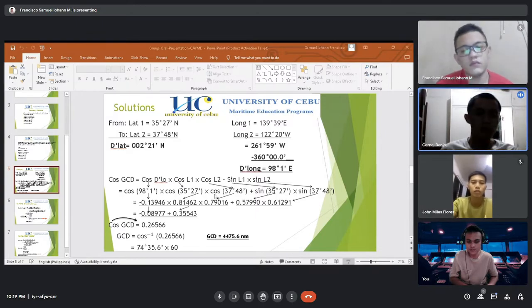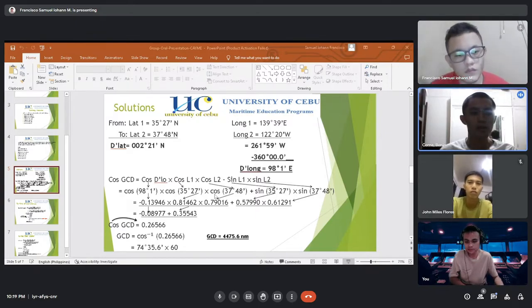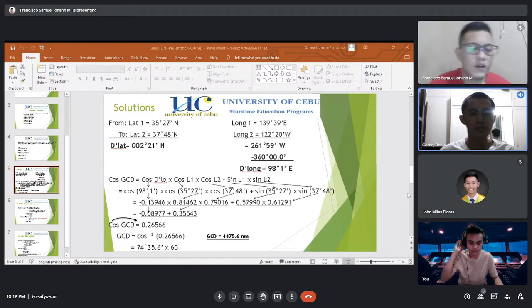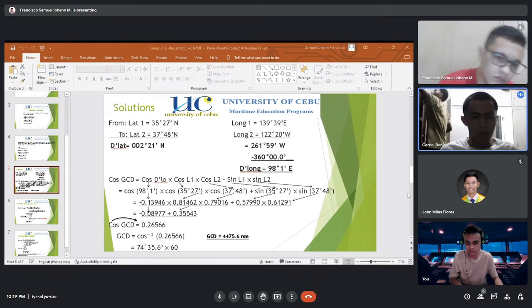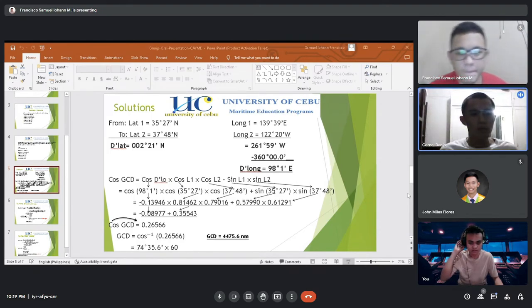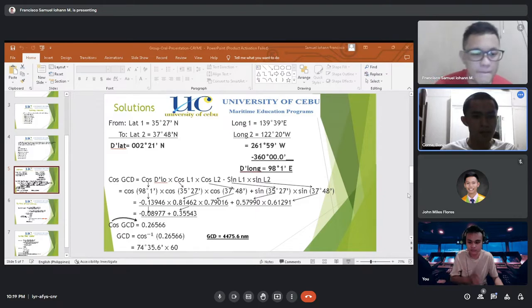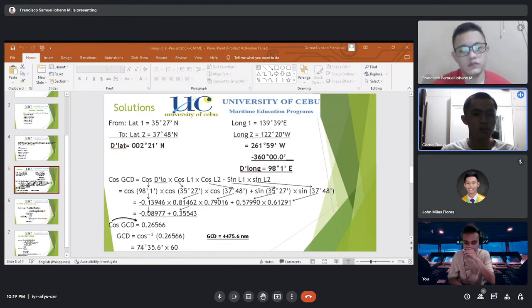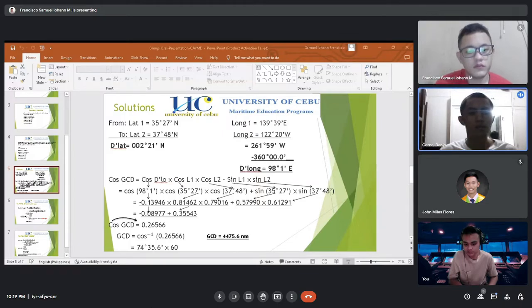formula: cosine GCD is equal to cosine DLong times cosine L1 times cosine L2 plus or minus sine L1 times sine L2. So the cosine DLong is cosine 98 degrees 1 minute times cosine 35 degrees 27 minutes, which is the latitude 1, times cosine 37 degrees 48 minutes, which is the latitude 2.